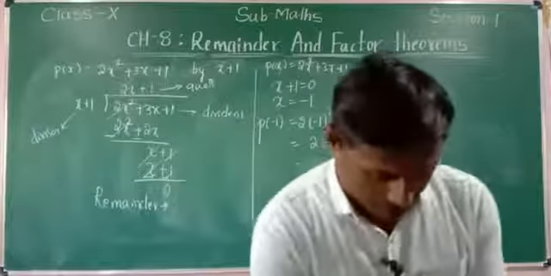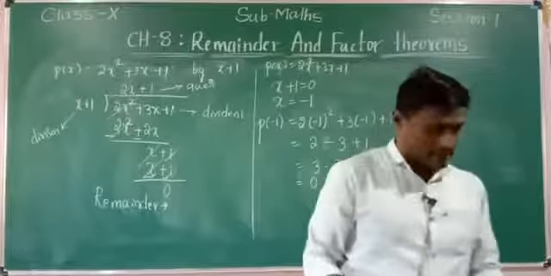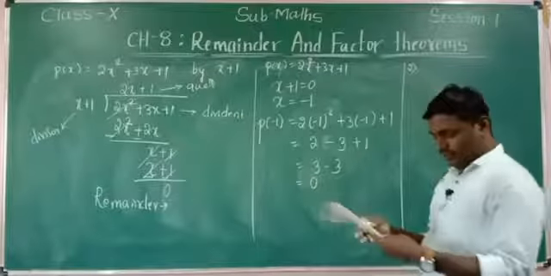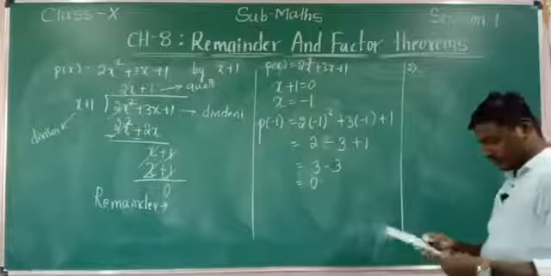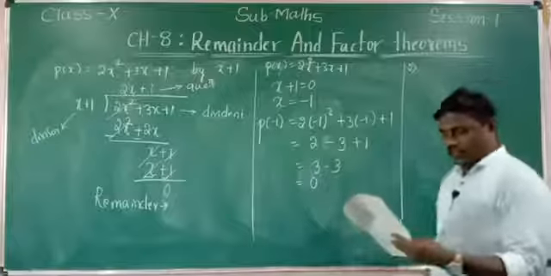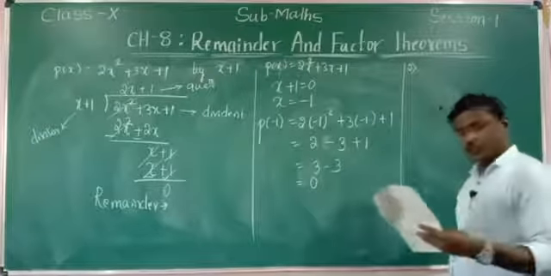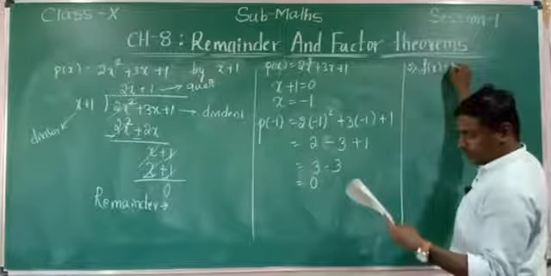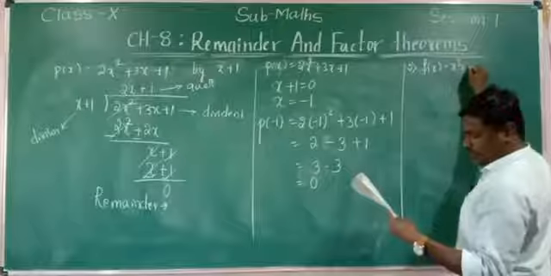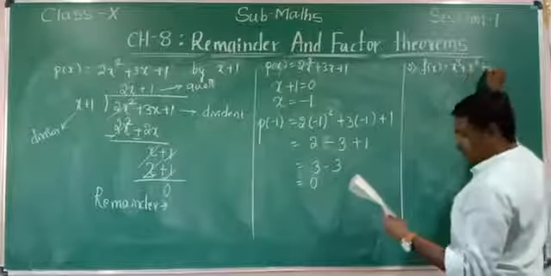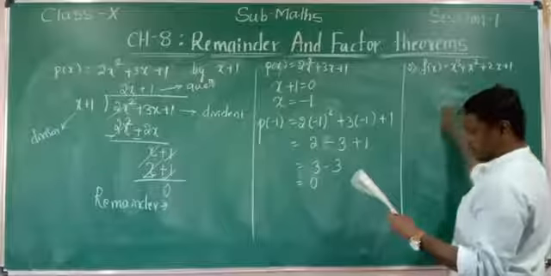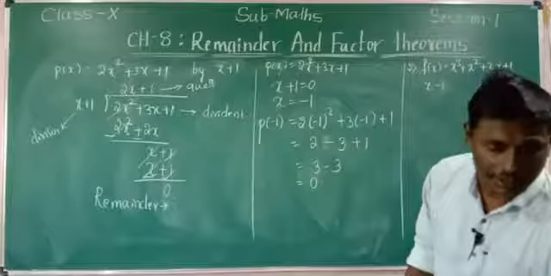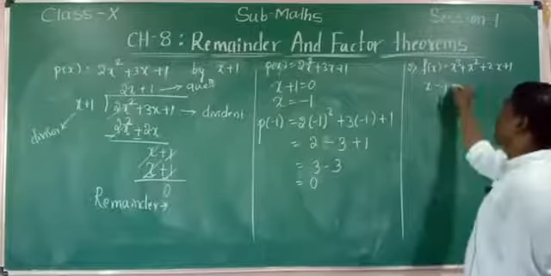Okay, let's take one more example. Second one, find the remainder. f of x is equal to x cube plus x square plus 2x plus 1, divided by x minus 1.